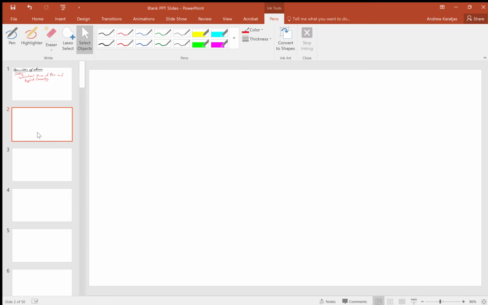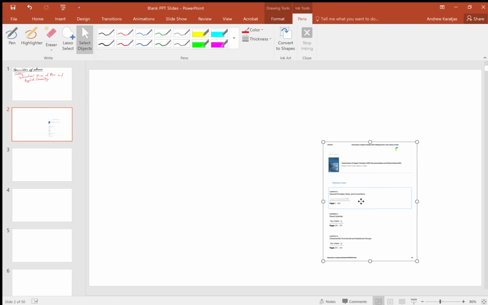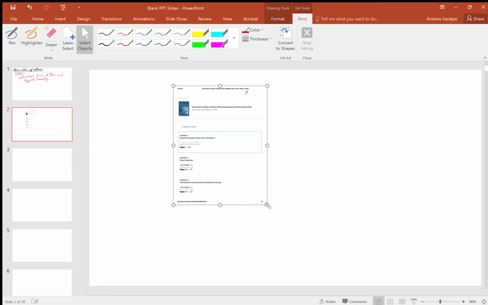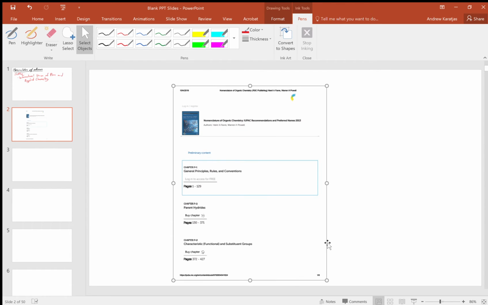Now, we'll just be learning the basics of organic nomenclature, because of the IUPAC book of organic nomenclature. You can see just the beginning of it here. You can see the title, The Nomenclature of Organic Chemistry, IUPAC Recommendations and Preferred Names 2013.